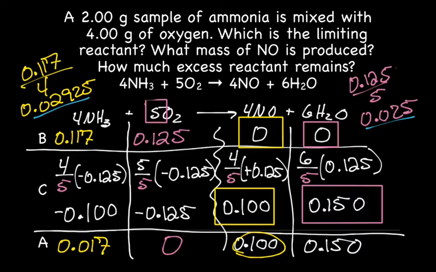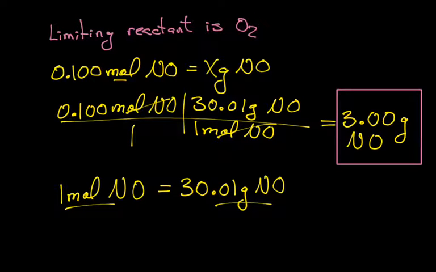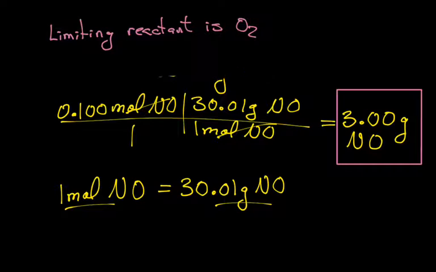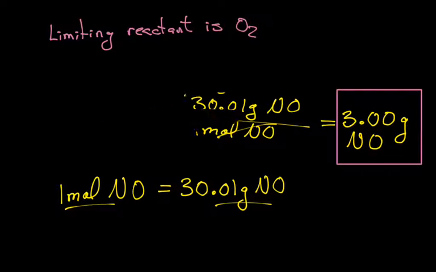And the last question we have here is how much excess reactant remains. Well, our excess reactant is this guy here, and there is 0.017 grams remaining. So let's make a little room here. There you go.